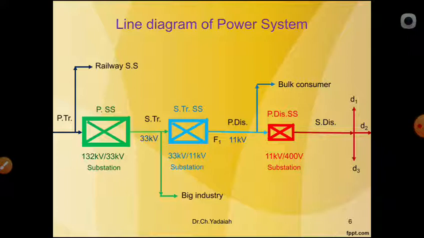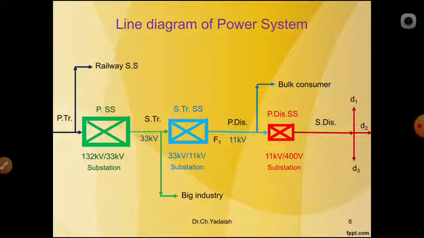As I have already said, the 132 kV input is also taken by the railway people, and they have their own substation. After that, 33 kV is transmitted to the nearby secondary transmission substation, where PTRs convert 33 kV to 11 kV.